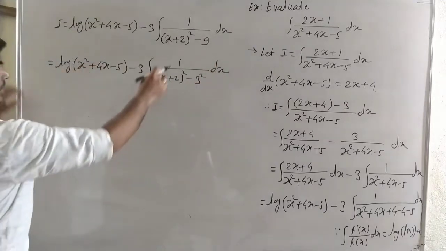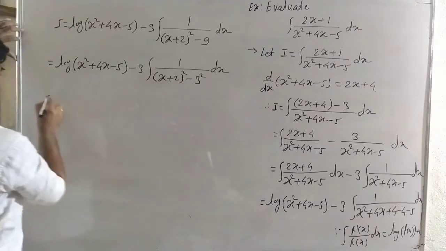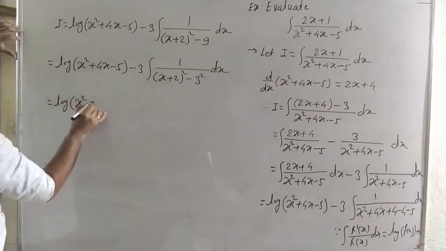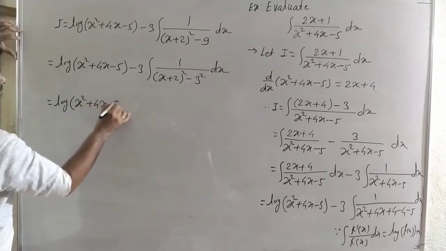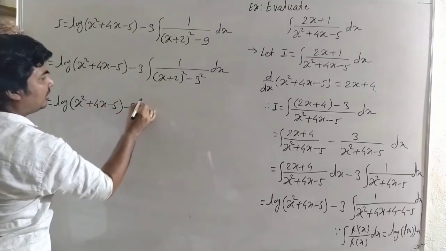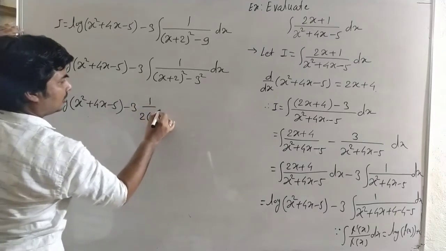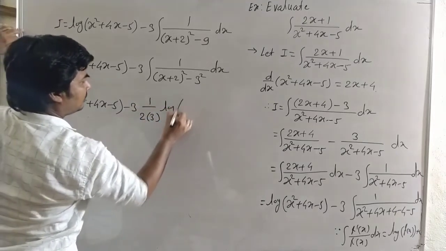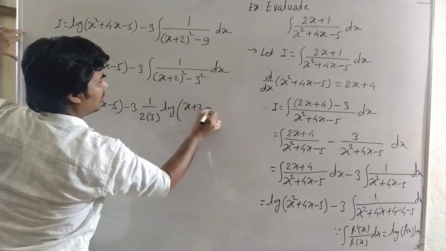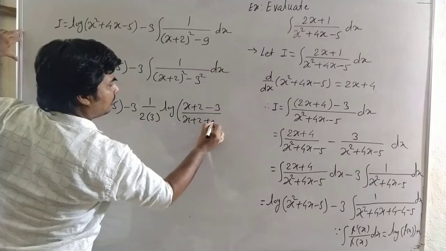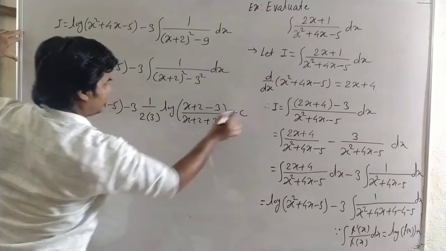Now it is 1 upon x square minus a square. First term as it is, log of x square plus 4x minus 5 minus 3 into 1 by 2a log of x minus a upon x plus a, plus c.